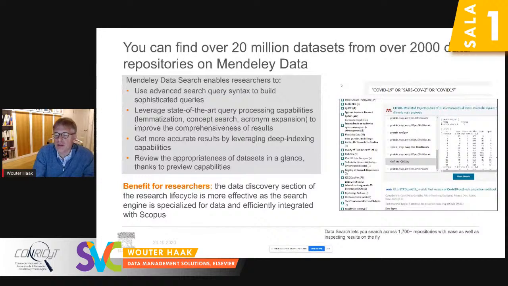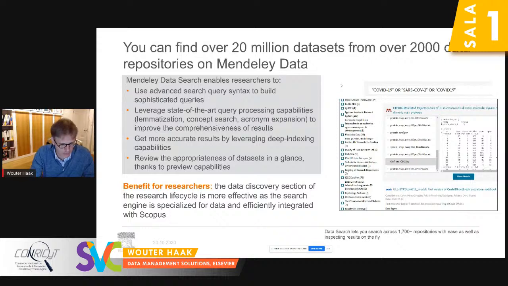But let me talk a little bit more about Mendeley Data, because one of the questions I asked earlier was, how do you find research data? There's so much out there. What we've done on Mendeley Data is not just index Mendeley Data itself, but we index over 2,000 repositories. So if you search for COVID-19 or Corona or SARS-CoV-2 or any other combination, you will find results from over those 2,000 repositories.